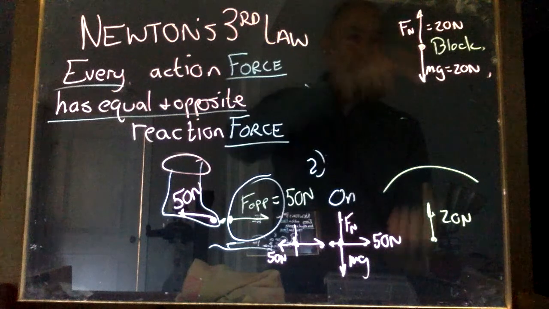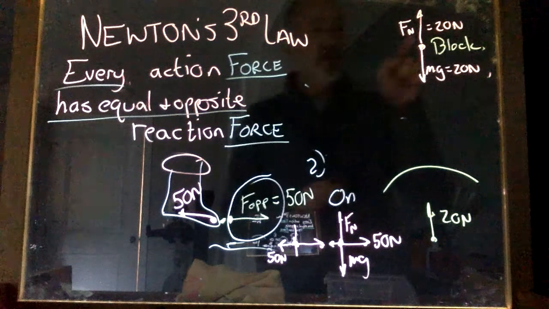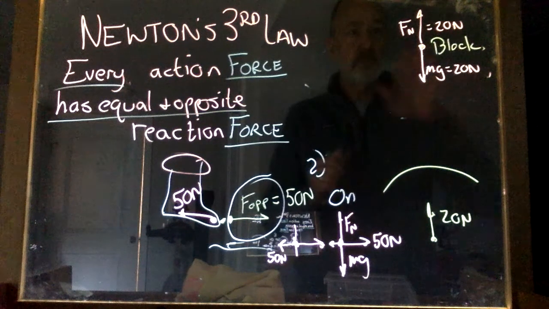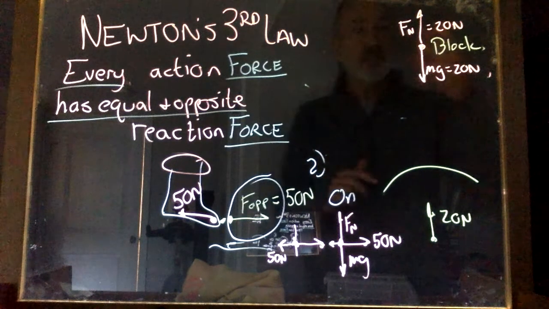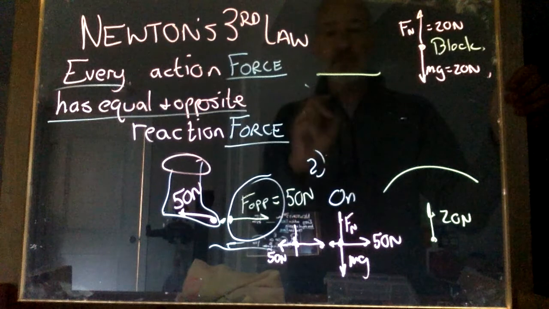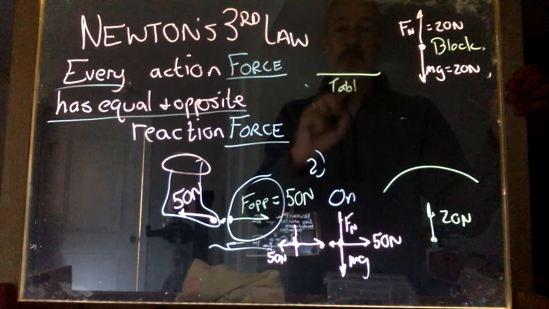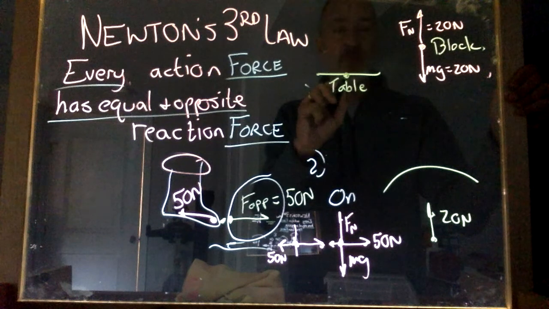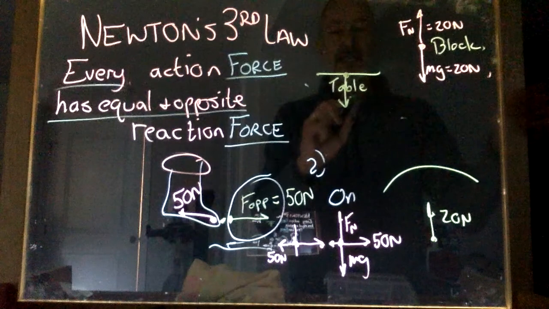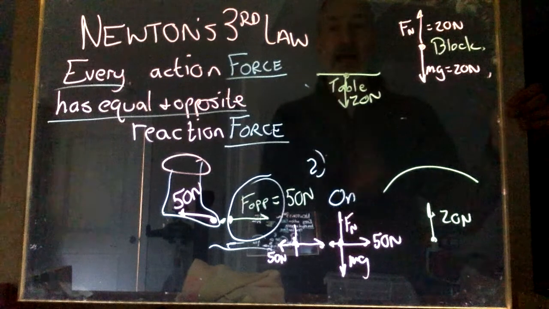They both pull equally. The normal force is the force from the surface on the block. So if I drew a surface, maybe it's a table, the table is going to have a force on it of 20 newtons down from the block.